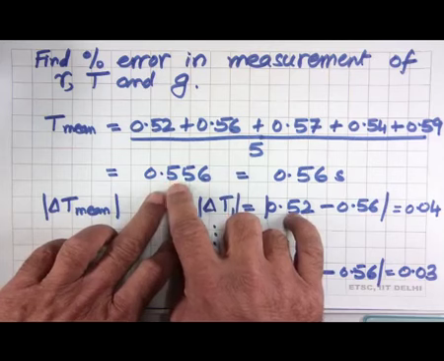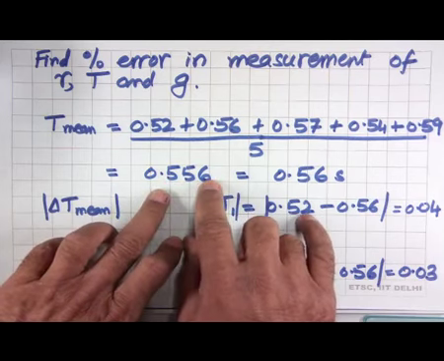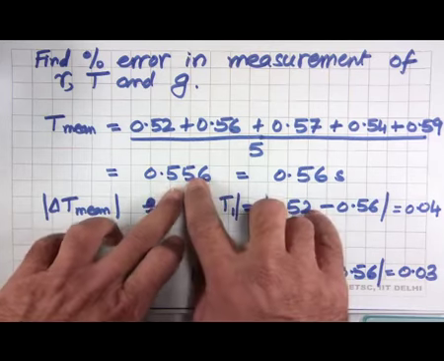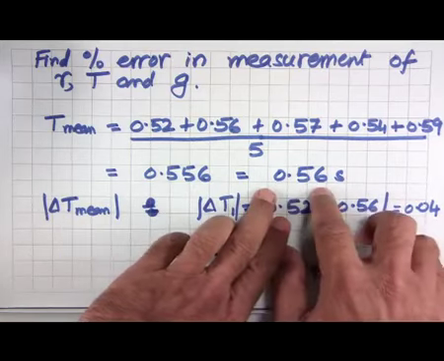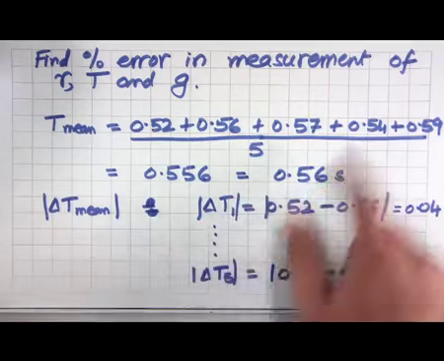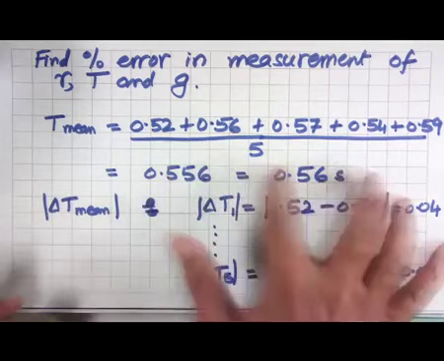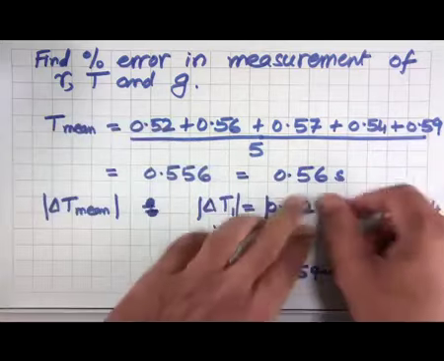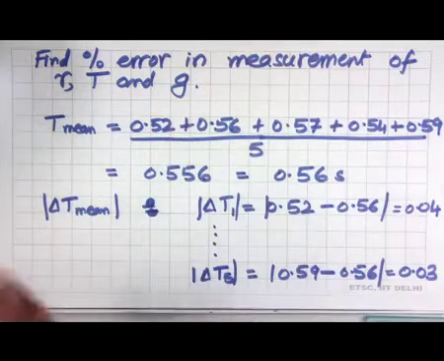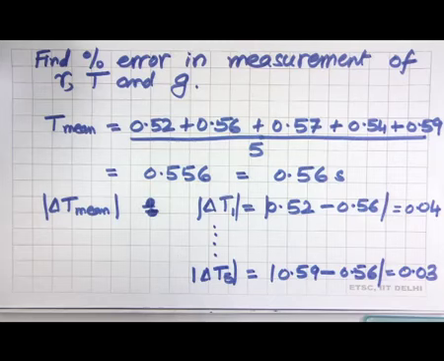So, we will round up this 0.556 up to the second decimal place. So, 5 is followed by a 6. So, t mean will become 0.56 seconds. This is an important step, that finally you have to take the mean value as the one which has the same number of significant digits as the original data.